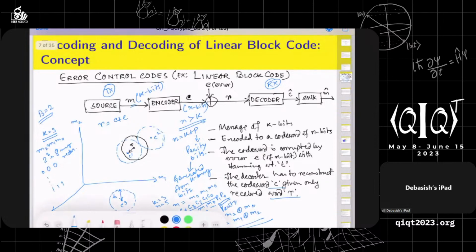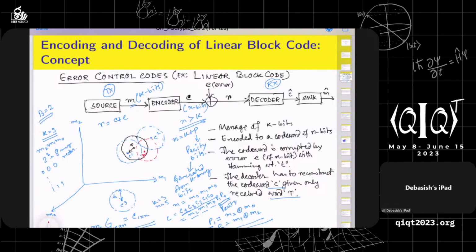But if I receive an R here, which is outside, suppose this is another R dash. The previous R, the black circle, will be decoded as C1, because R resides inside the sphere of C1. But R dash resides outside both C1 and C2.